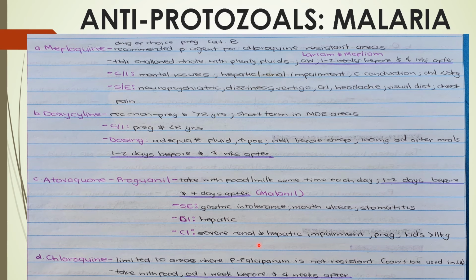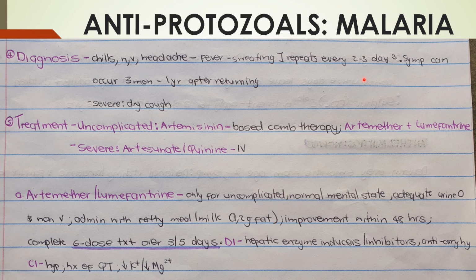So chloroquine is rather used in areas where this organism is not there, or it's not resistant to most drugs. And you must take it with food, as with all of them, once daily. You must take it 1 week before you travel and 4 weeks after. So please take note of how many days before and how many days after you come back.